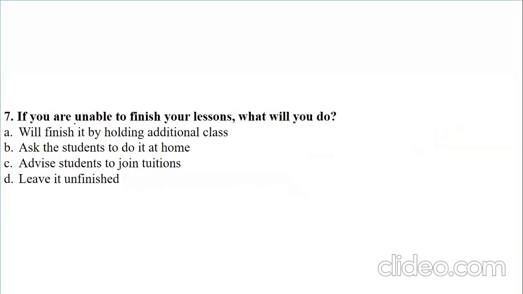If you are unable to finish your lessons, like many times a teacher is not able to complete the syllabus within the given deadline, what will the teacher do? The teacher will finish it by holding additional classes, ask the students to do it at home, advise the students to join tuitions, or leave it unfinished.